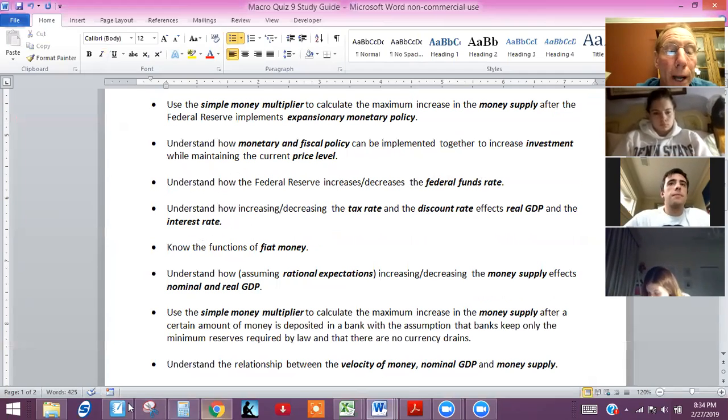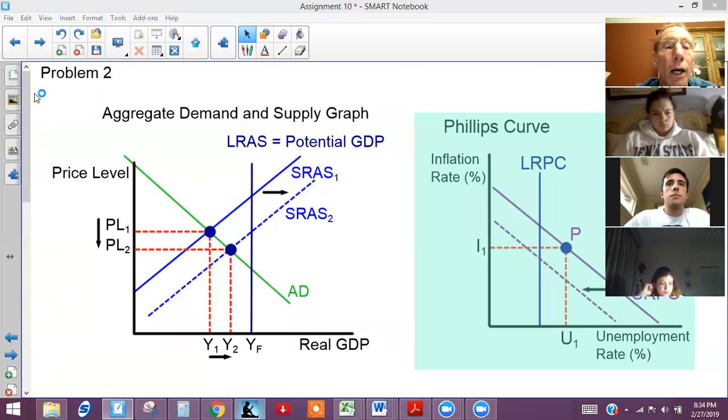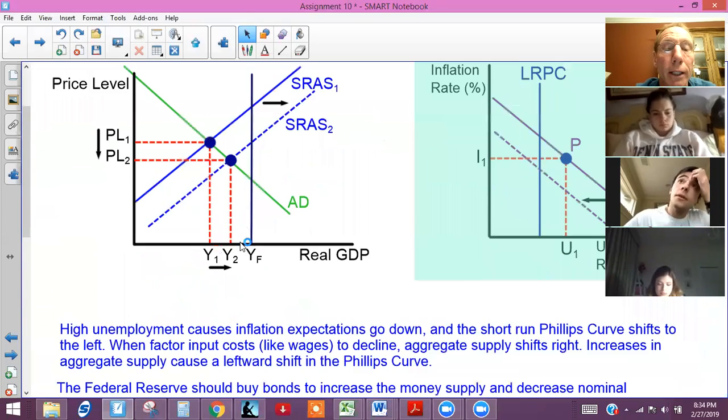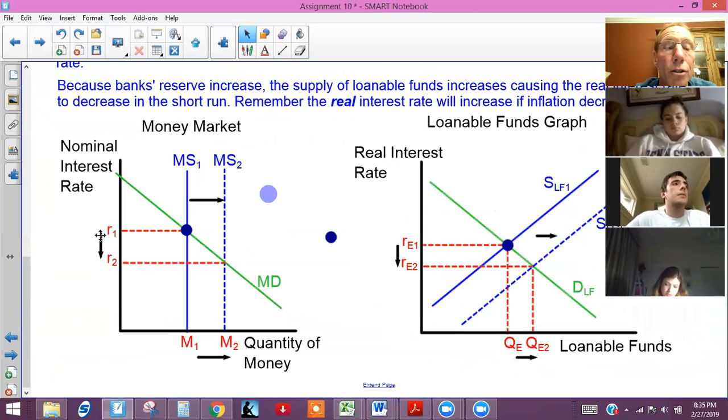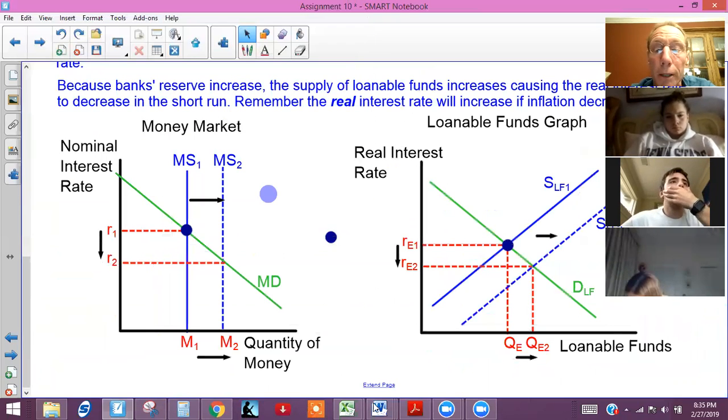And once again, if we go back to this graph down here, you can see that if they expand or increase the money supply, then the interest rate, the federal funds rate, goes down. If they go the other way, from here over to here, then the federal funds rate goes up. So that's how they do it with expansionary and contractionary money supply. Okay, almost there.